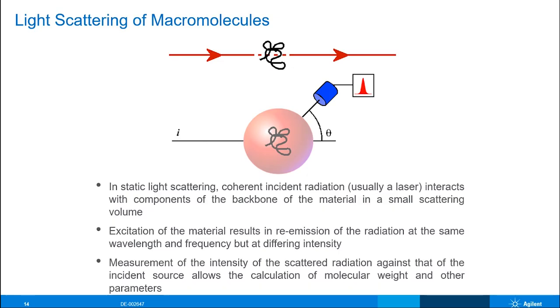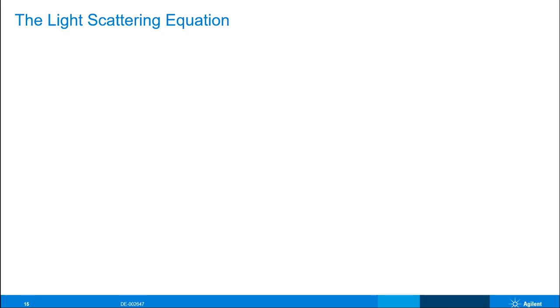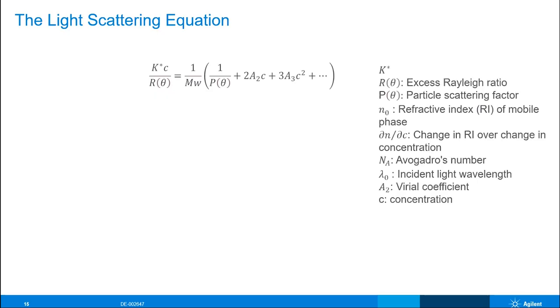In theory, what we were talking about on that last slide ends up looking like this. This is the light scattering equation itself. You can see there are a whole numerous bunch of components that go into this. We have things like K star, which is the optical constant, as well as this particle scattering factor, which is what we have in here when molecules get really, really large.